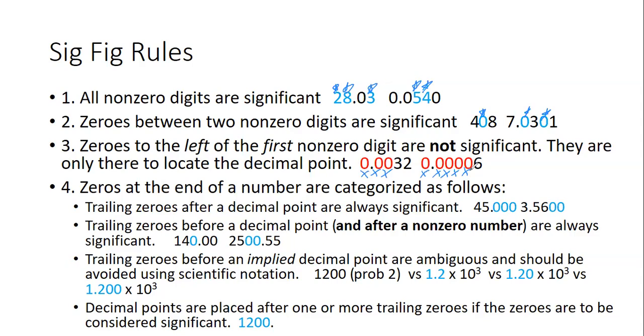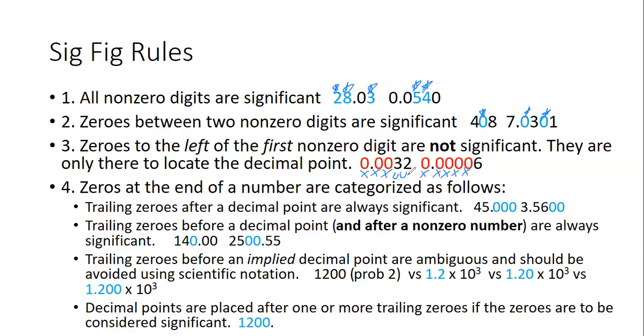We can't be confident in that. I can be confident that this 3 and 2 are real measurements, but I can't be confident those zeros are. So we are not saying they're significant. Any 0 to the left of the first non-zero digit is not significant.